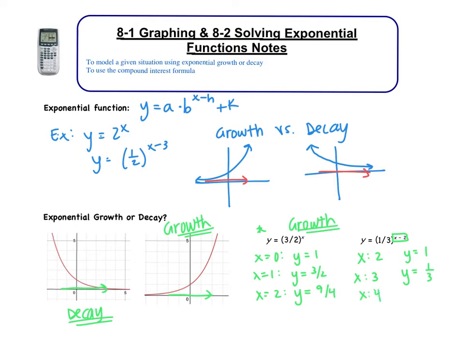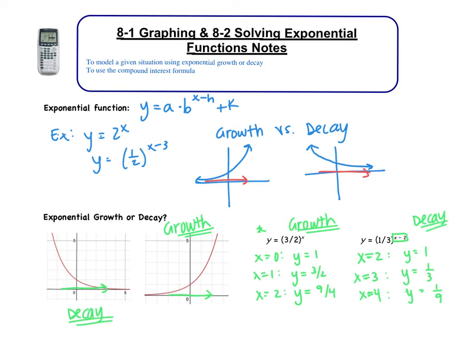And let me plug in one more just for fun. If I plug in 4, 4 minus 2 is 2. 1/3 to the second power is 1/9. So in this case, we can see the numbers are going down. They're getting smaller in value. They're not negative, but they're getting smaller in value. This is an example of exponential decay.